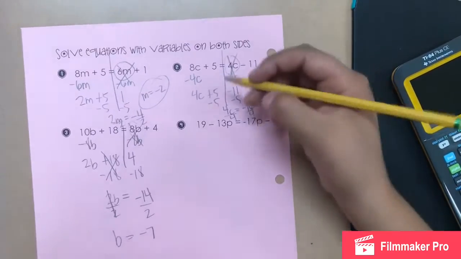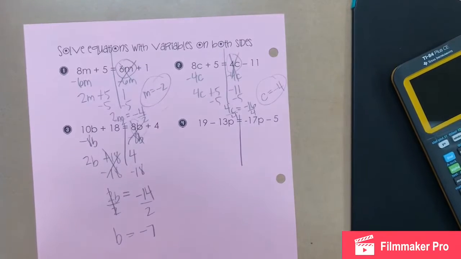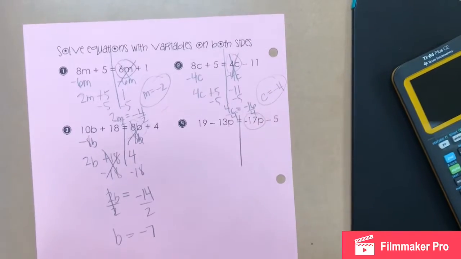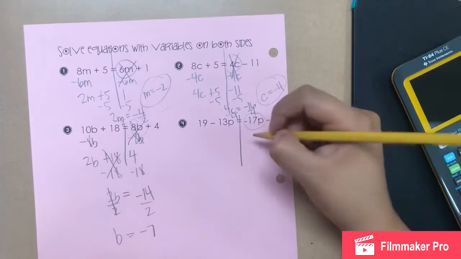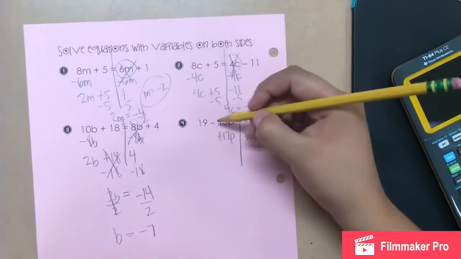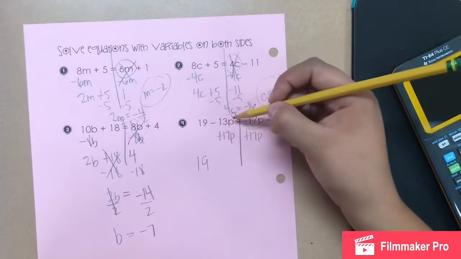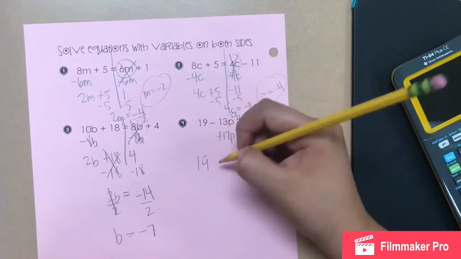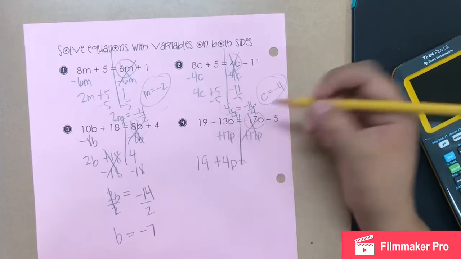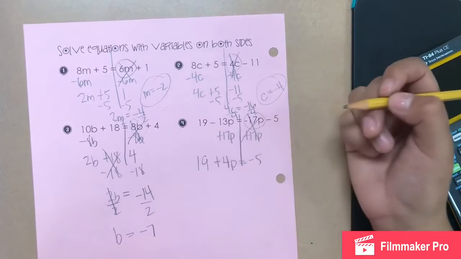Last but not least, there's no distributing, there's no simplifying, there's no combining like terms, so I'm going to move the negative 17p. The opposite of negative 17p is to add 17p. And then I have 19, negative 13p plus 17p is positive 4p equals, the 17p's cancel, equals negative 5.